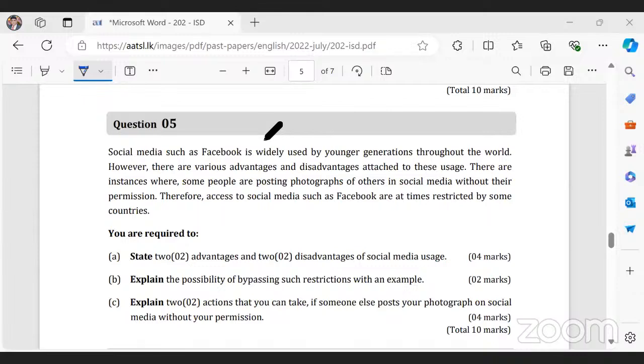I think, as far as I can remember, I have listed down a large number of advantages and disadvantages. What are the disadvantages?